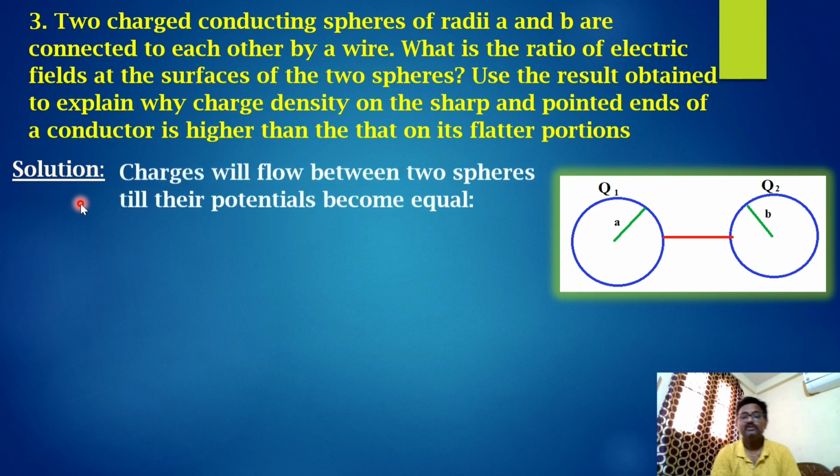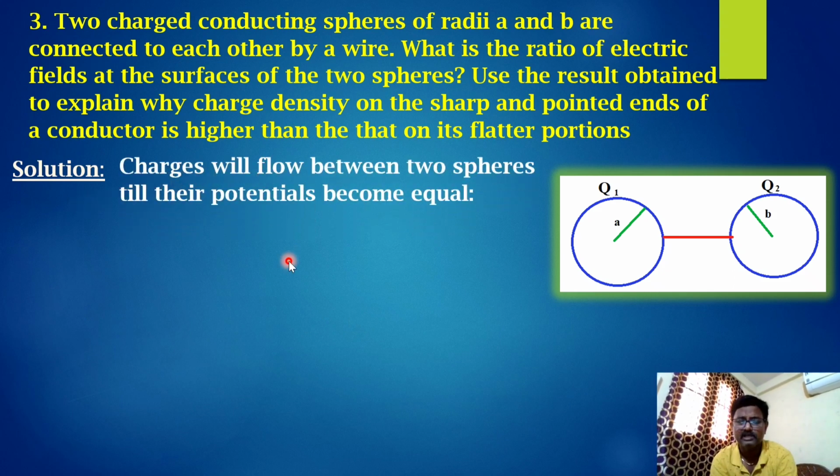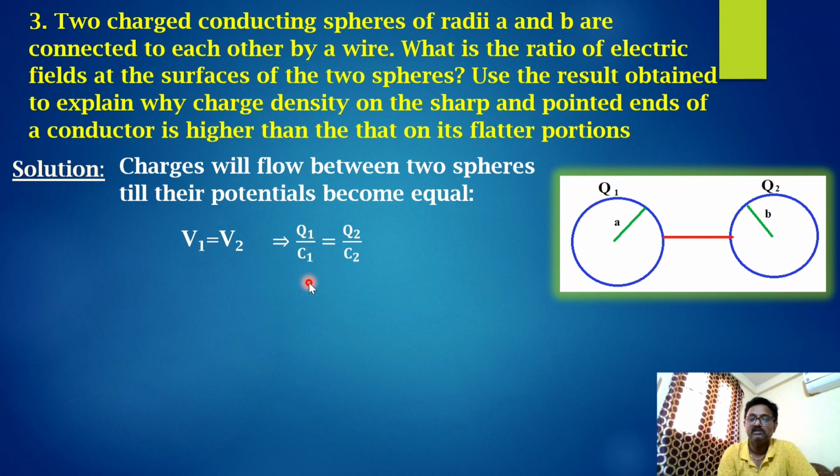Solution. See, charges will flow between the two spheres until the potentials are equal. After the potentials are equal, charge won't flow from one sphere to another. So when V1 equals V2, there will be no flow of charge from sphere 1 to sphere 2. That implies V1 means Q1 by C1, V2 means Q2 by C2. So we can write Q1 by Q2 is equal to C1 by C2.